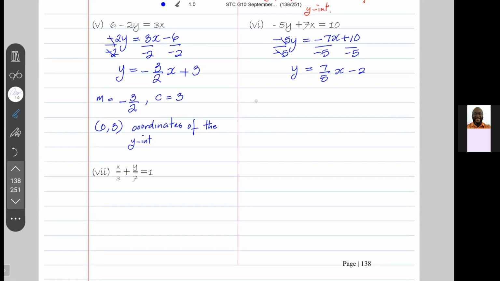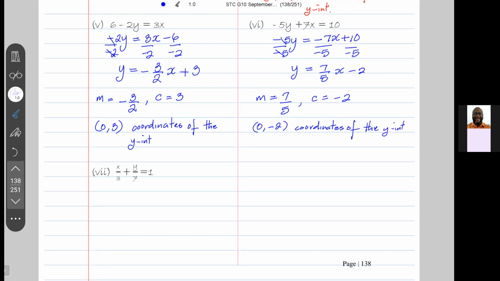A negative divided by a negative is a positive, and 10 divided by -5 is -2. So m, the gradient, is the number in front of x, which is 7 over 5. c, the y-intercept, is the number at the end, which is -2. That tells you where the graph cuts the y-axis. And (0, -2) are the coordinates of the y-intercept.